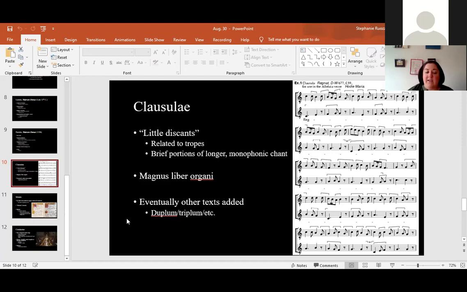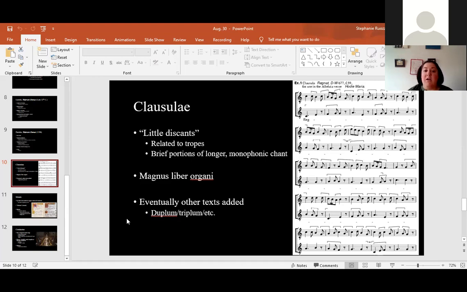Now, eventually, other texts get added to these discant sections. So you no longer have just the original chant text. Composers would get creative by putting different texts in the upper voices. So while the tenor is still singing the original chant, the upper voices are singing other words.